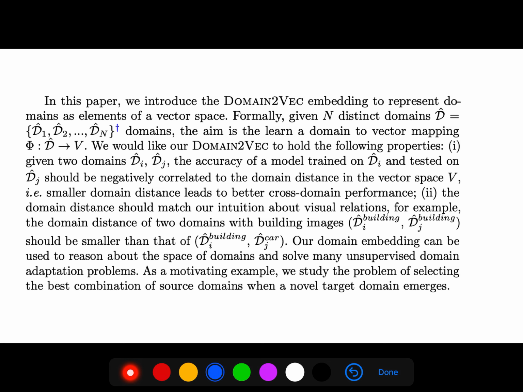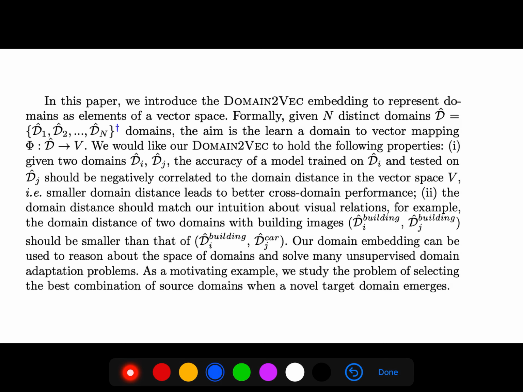In this paper, we introduce Domain2Vec to represent domains as elements of a vector space. Formally, given n distinct domains, the aim is to learn a domain-to-vector mapping. We would like our Domain2Vec to hold the following property.